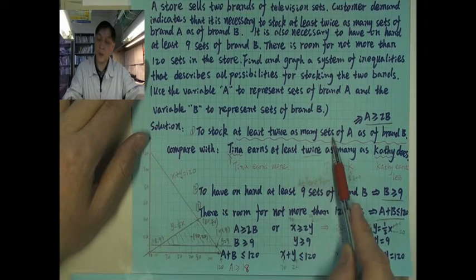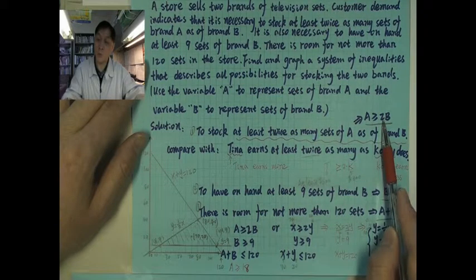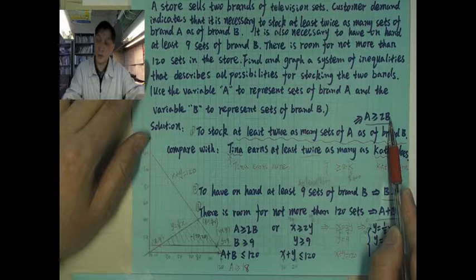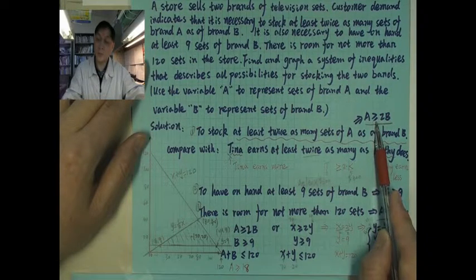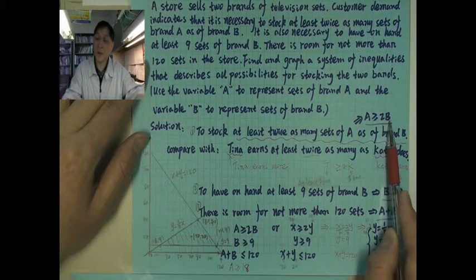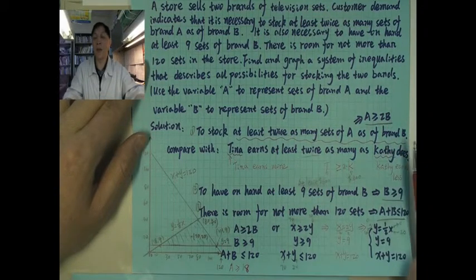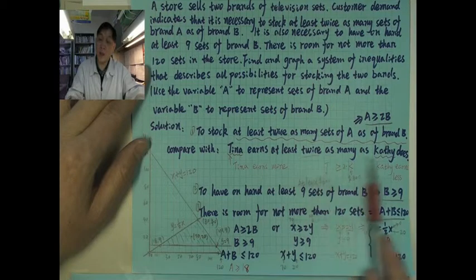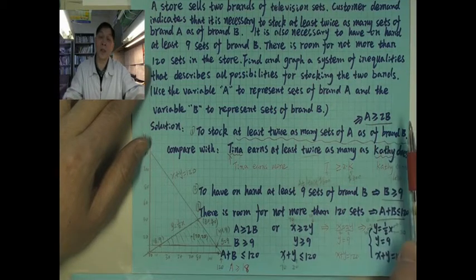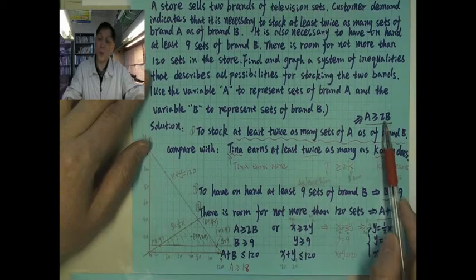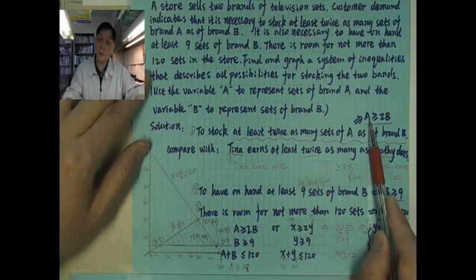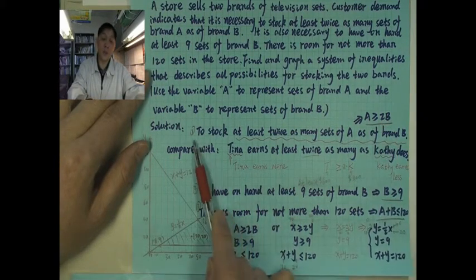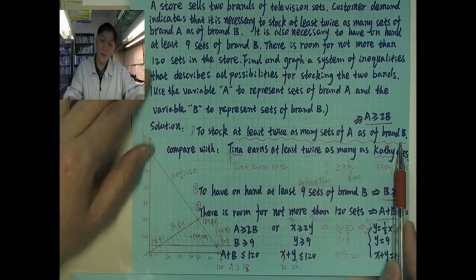Twice as many sets, so you want to put 2 in front of B. So here A is at least twice as many as B. So if you are not clear about this sentence, then try to think about something else, then you will be clear about that. And make sure 2 is in front of B, not in front of A. So this is the information we get from the first sentence.